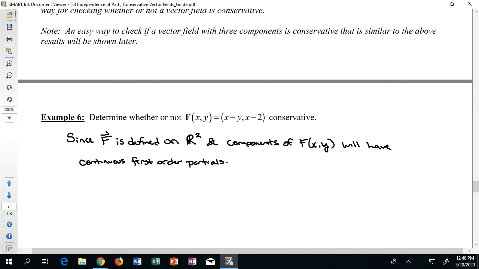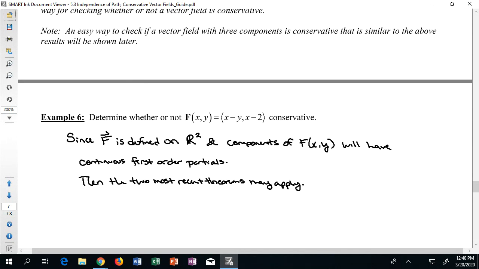But what that means is automatically then the two most recent theorems may apply here. I have continuous first order partials and I'm defined on R2.